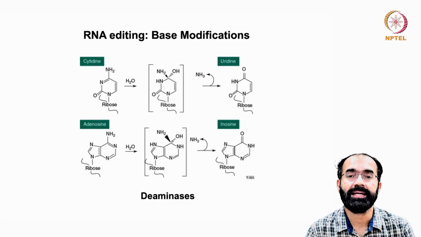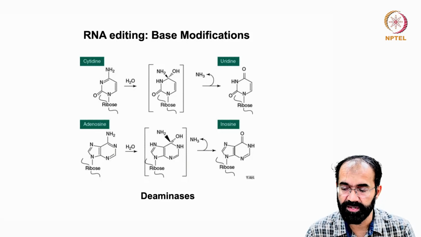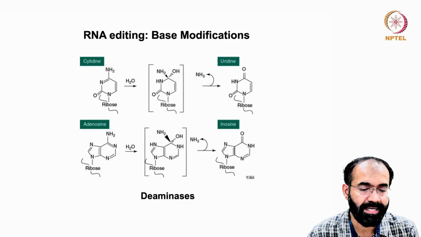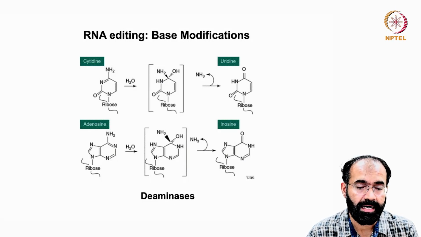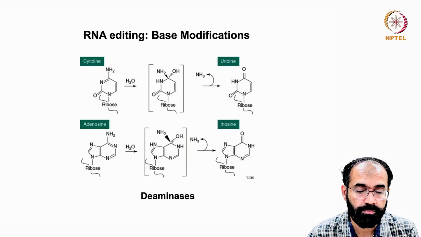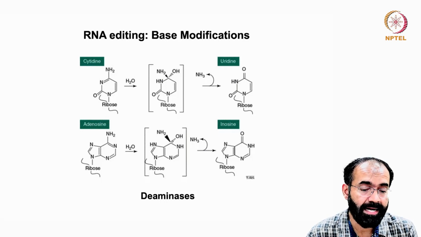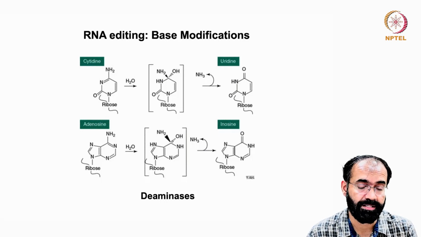So RNA editing can happen through base modifications also. So cytidine or cytosine residue can undergo some process of deamination to give rise to uridine, and adenosine can undergo a process called deamination to become inosine.